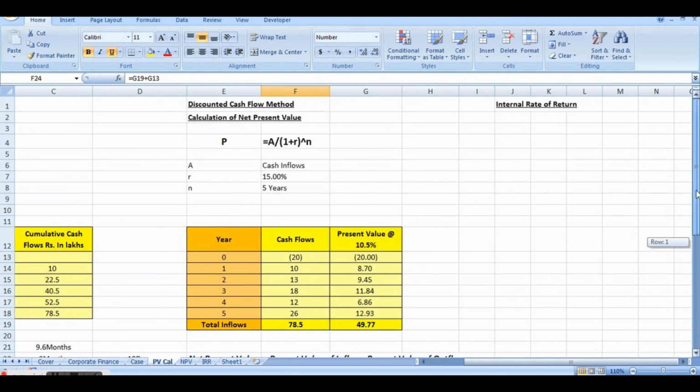That is why the organization would like to keep this as minimum as possible and use suitable sources of financing a project. And second thing, as we have just seen, the higher the WACC or this rate, the lower will be the present value of the project or net present value of the project.